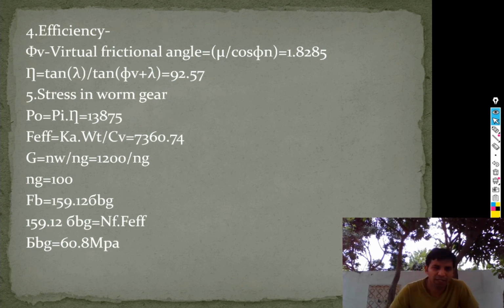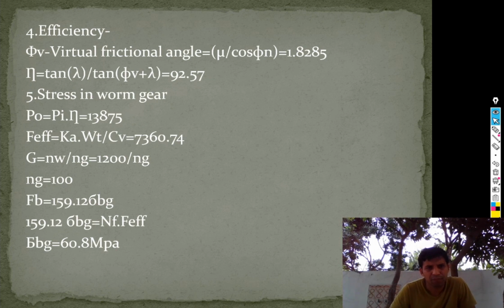The formula for efficiency is tan lambda divided by tan(phi v plus lambda). You know that phi v is the virtual friction angle and lambda is the lead angle. We already found the lead angle. By putting the values, we get the efficiency, that is 92.57.